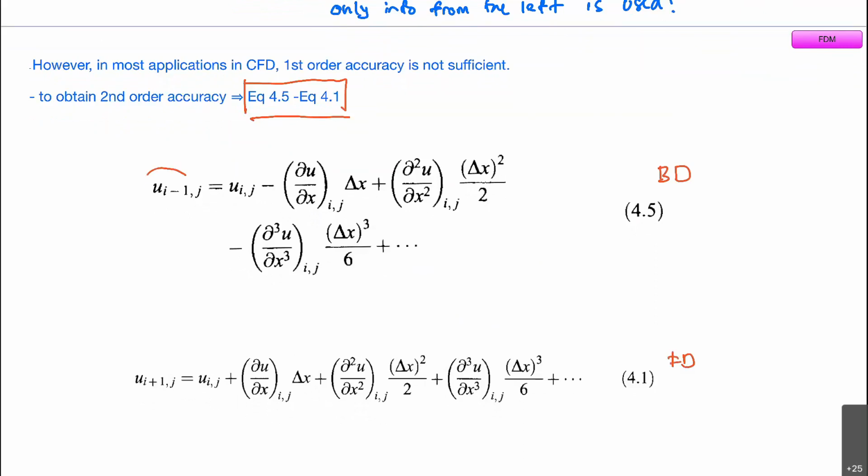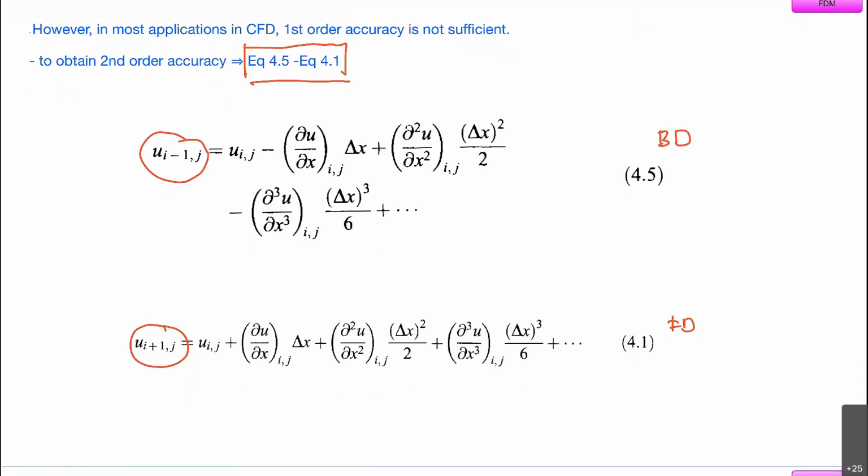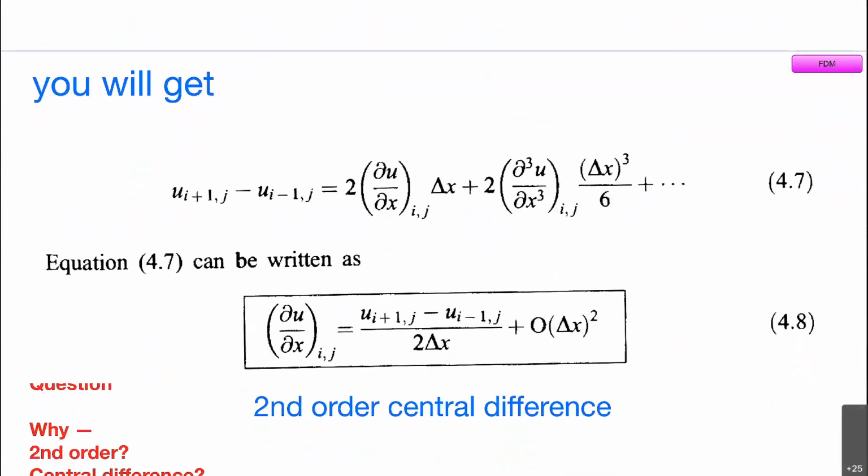Here you can see i minus 1,j, and here i plus 1,j. If you do the subtraction, basically the right term minus the left term, you get equation 4.7. Remember, this is forward difference minus backward difference.